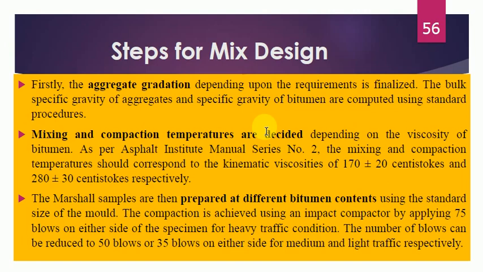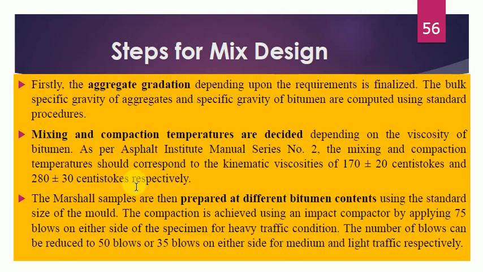There is a temperature viscosity plot provided, where the mixing temperature should be selected to provide a viscosity of 170 plus minus 20 centistokes, as well as the compaction temperature should be selected to provide a viscosity of 280 plus minus 30 centistokes. So based on the viscosity value, the mixing temperature and compaction temperature are selected. But as the IRC has provided certain values and ranges, we can choose from those values.